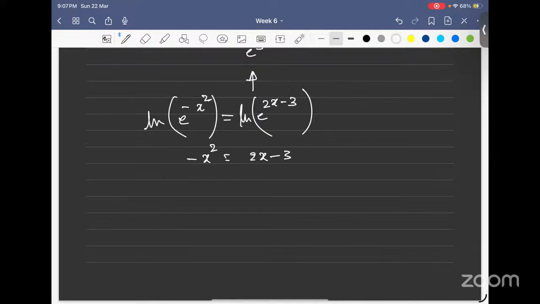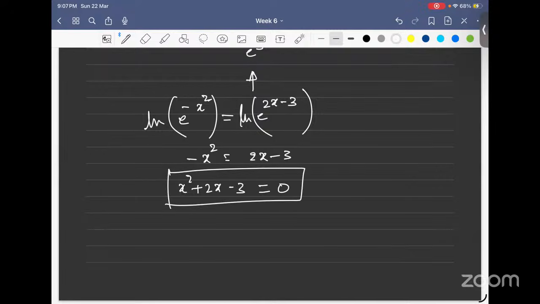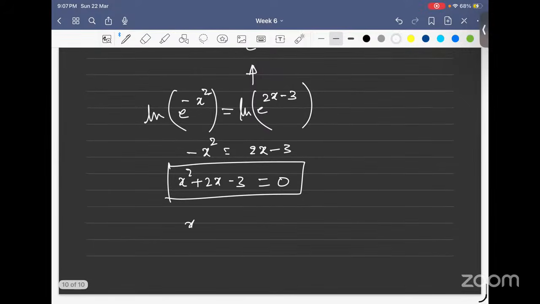Correct? If I solve it, x square plus 2x minus 3 equals 0. Correct? What should I get? x plus 3, x minus 1. x equals minus 3, 1.